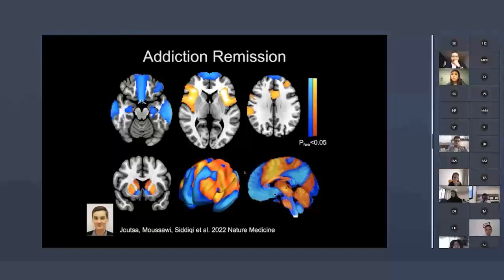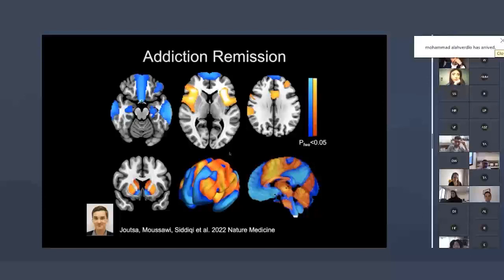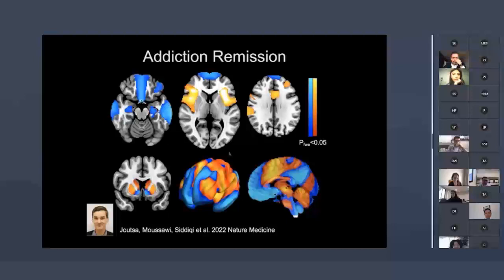So they were connected to the insula, but also other regions like the dorsolateral prefrontal cortex and the anterior cingulate. They were also negatively connected to other sets of regions. And when you drop the threshold, you actually saw a lot of very interesting topography that fit a lot of findings from the addiction imaging literature or even animal models of addiction. So striking dissociations between the ventral and dorsal striatum, striking dissociations in the frontal cortex. Next slide.